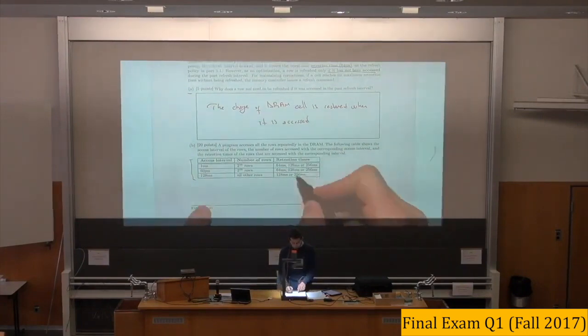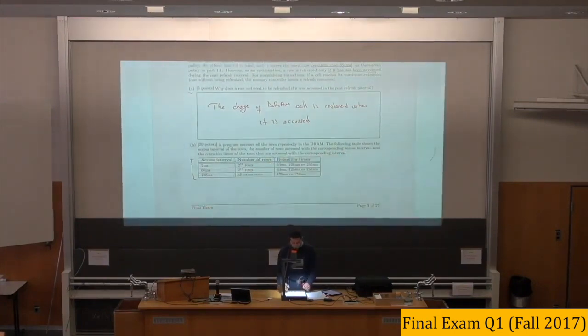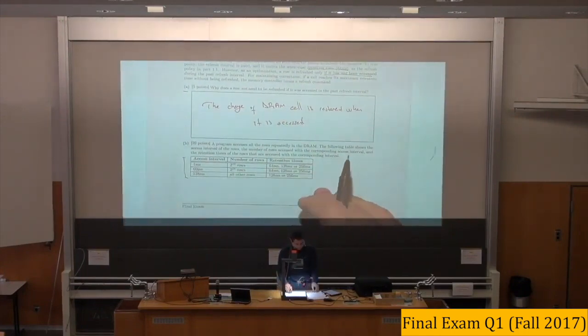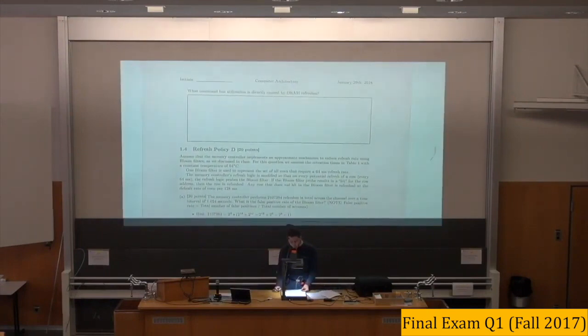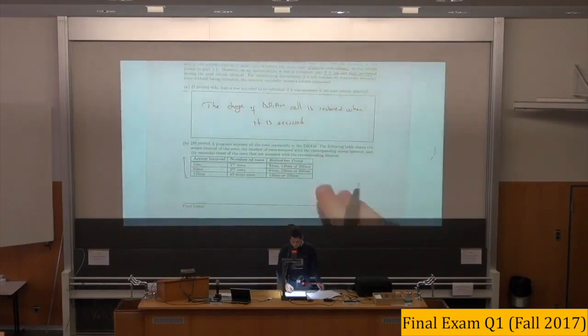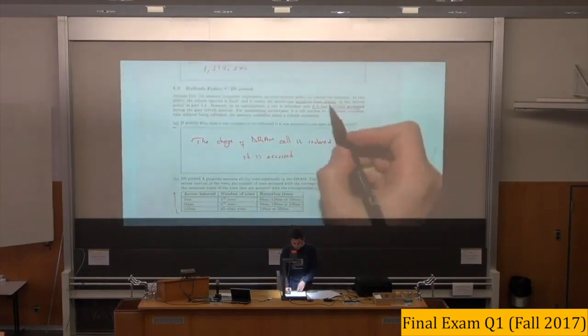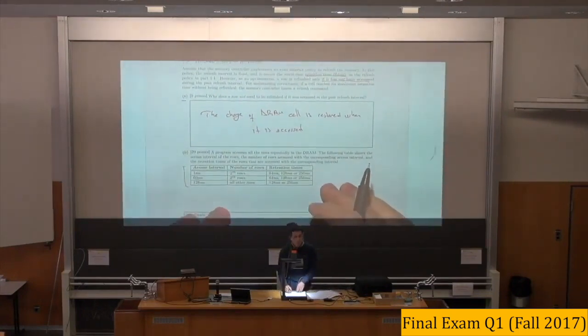And the retention times are given for the rows that are being accessed. The question asks what command bus utilization is directly caused by DRAM refreshes. So remember that the retention time was 64, so the refresh interval will also be 64 for all of the rows.